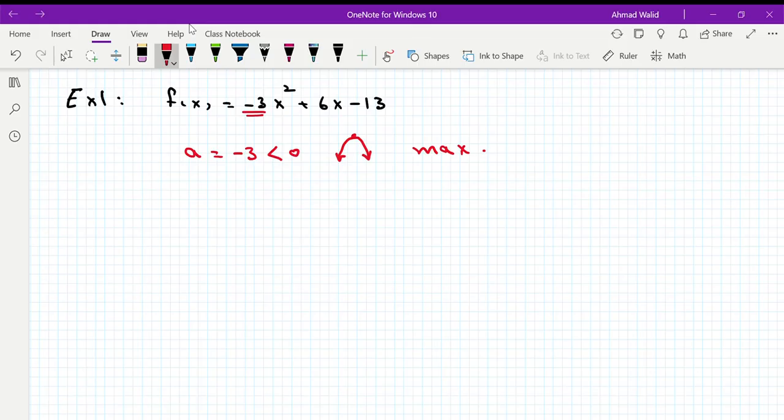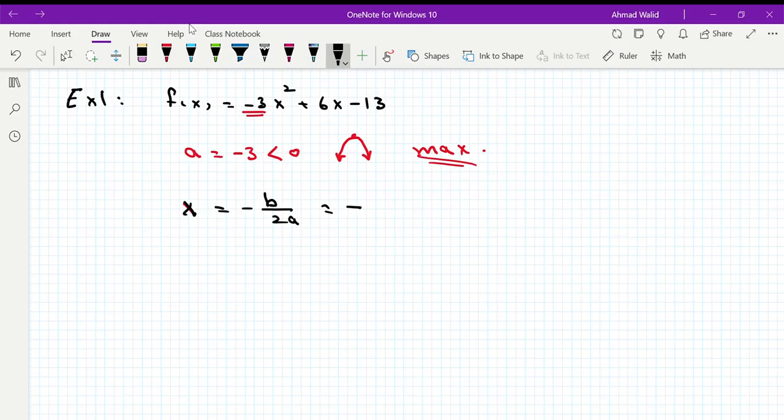Okay, we already identified we have a maximum point. Now, where is that maximum point? Part B, where is that maximum point? We have a formula, I gave you a formula, x equals negative b over 2a, tells you where is your maximum point. It means plug in the numbers.